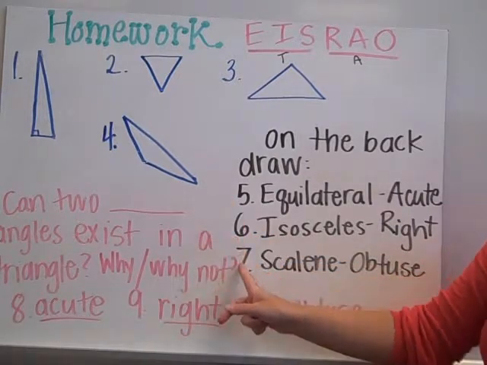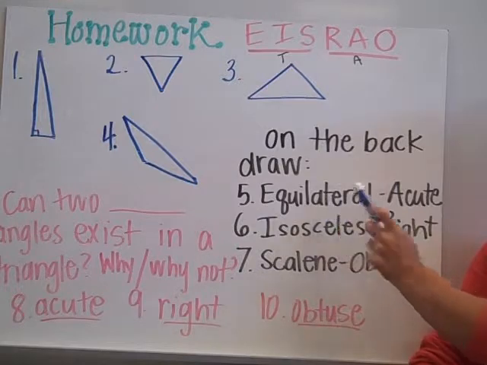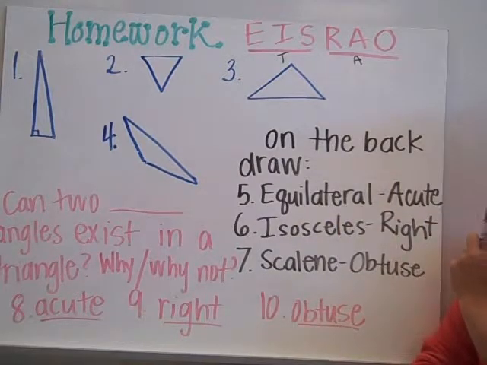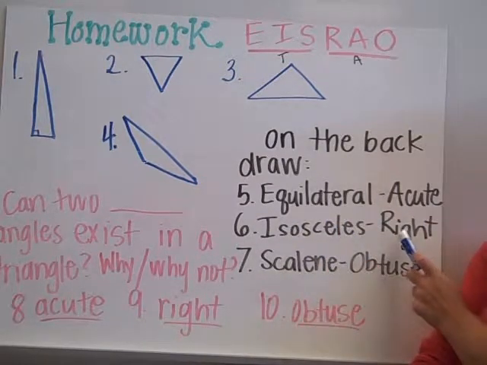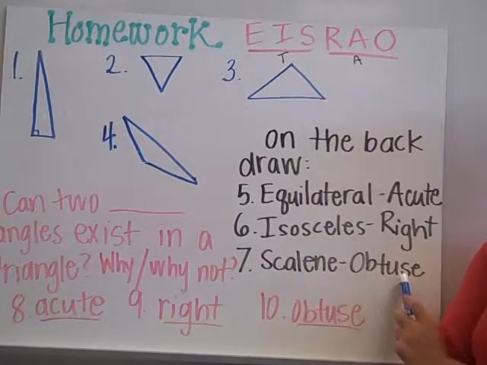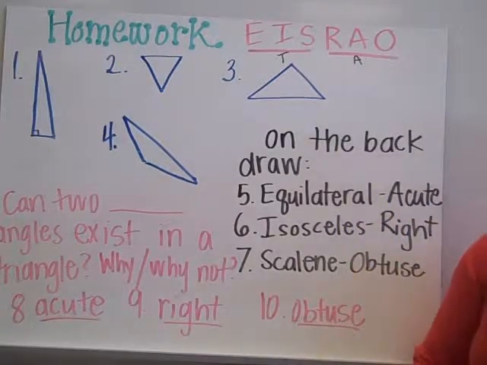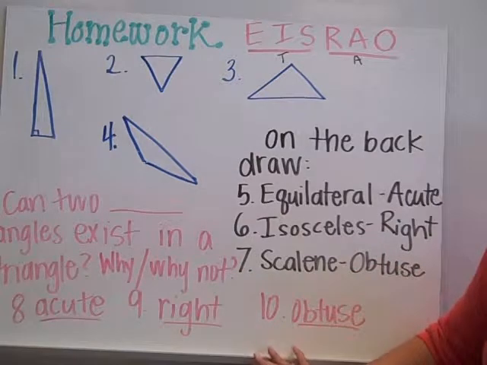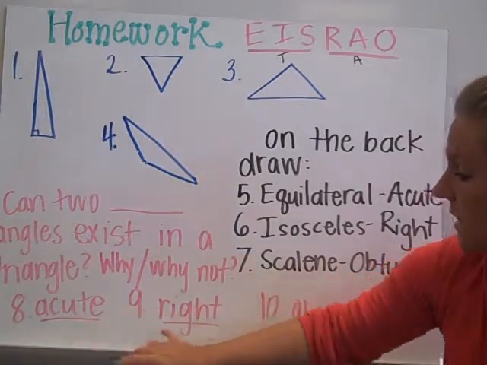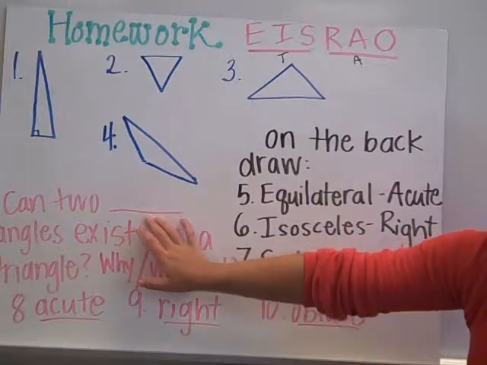Numbers 5, 6, and 7 ask you on the back of your homework sheet to draw an equilateral acute triangle, an isosceles right triangle, and a scalene obtuse triangle. Okay, so think about what all those mean and think about how you can draw them. And then 8, 9, and 10, it wants you to take these underlined words and insert them in this blank and answer the question.